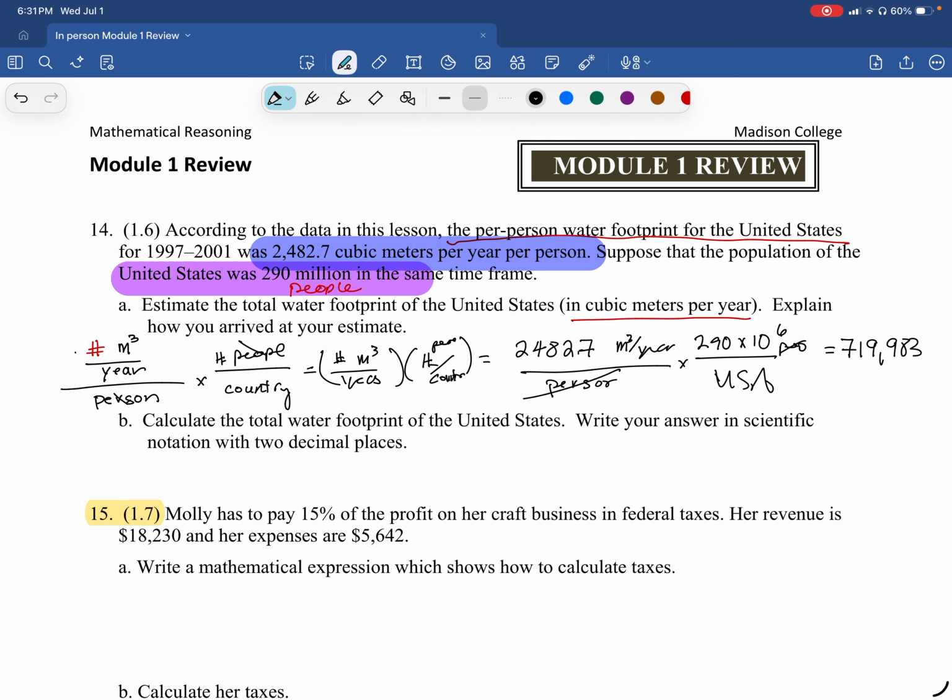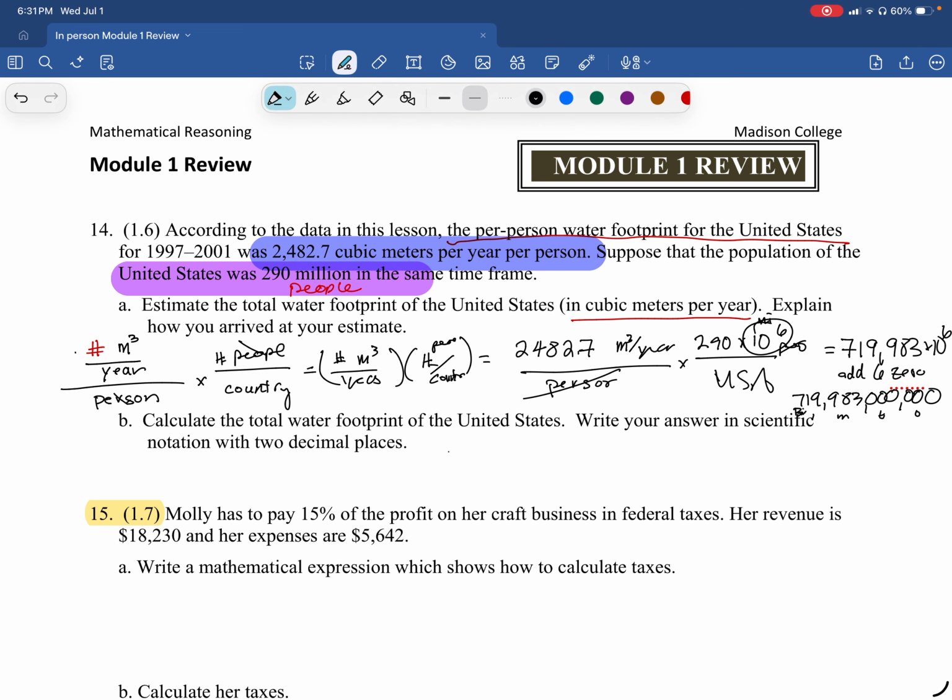We still have this word millions, so this is times 10 to the 6th. That means add 6 zeros. So we have 719,983,000,000. And so ones, thousand, millions, billions.